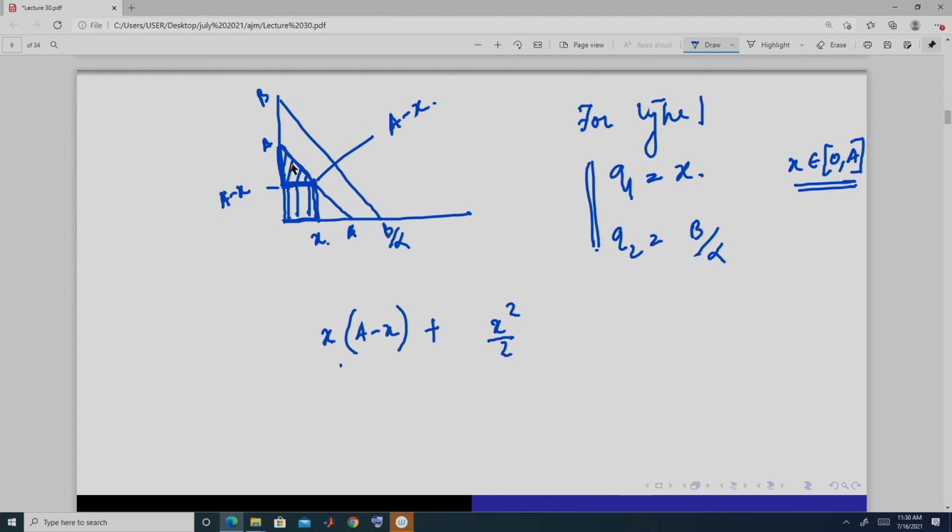Okay. And if x is equal to A, then this is 0 and we have only this part. Okay. And so, this is P1. And P2 can charge this much additional amount. So, this point is what? This point is B by alpha.